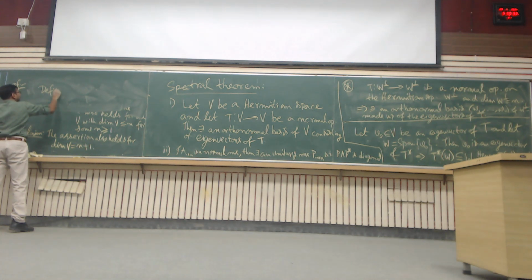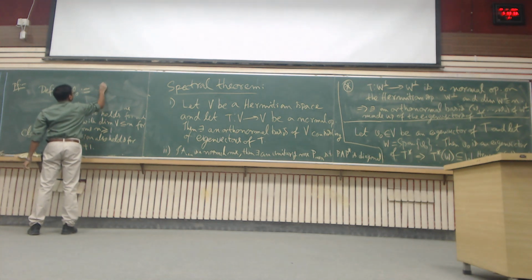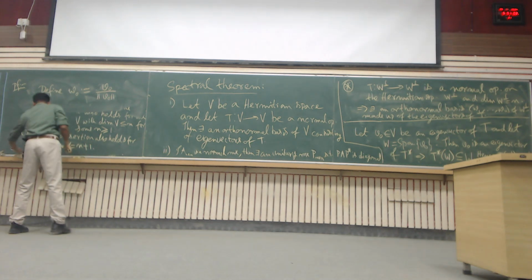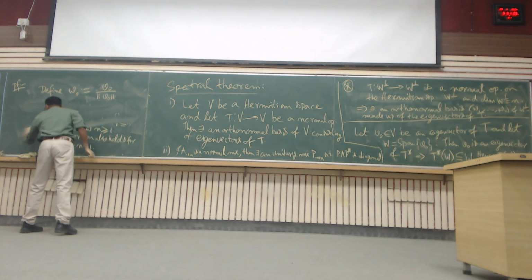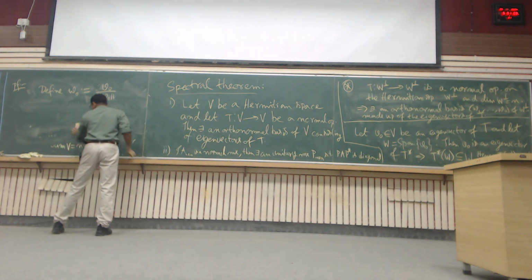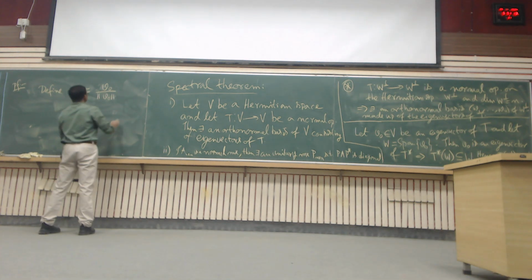Define W0 to be V0 by its norm. Okay? It's a non-zero vector. So the norm of V0 is not equal to 0. It's an eigenvector, right? By definition, it is not equal to 0. Okay?